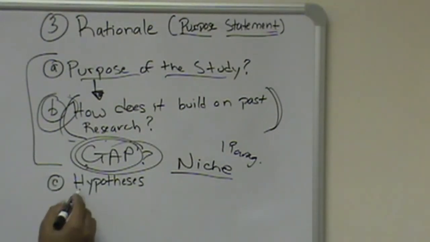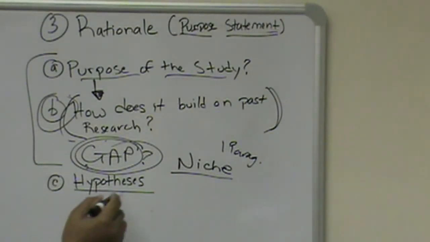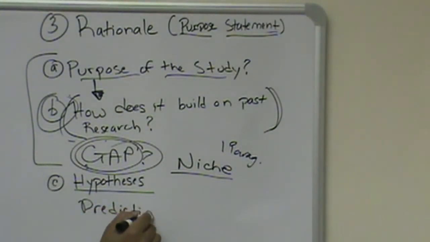All right? The last thing to do in this section is your hypotheses. These are sometimes called predictions too, so you can term it either way, it doesn't really matter. But you're going to predict certain things.